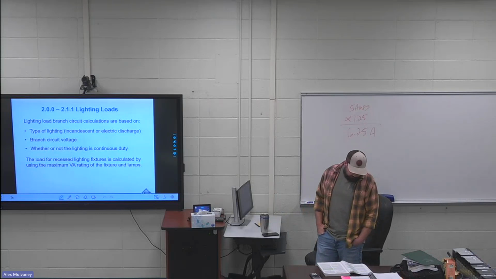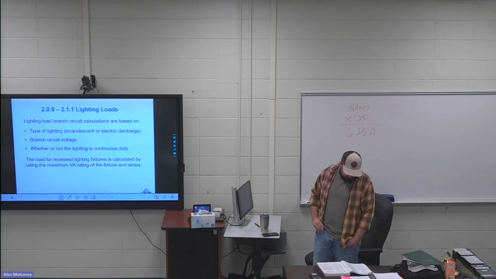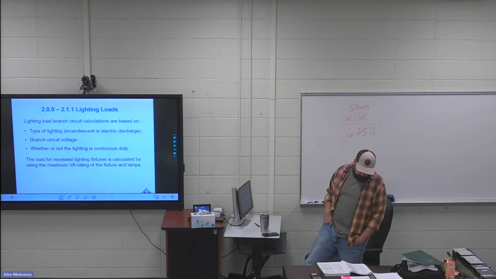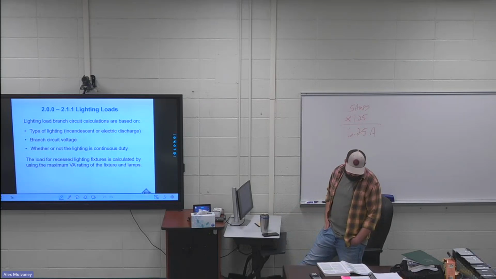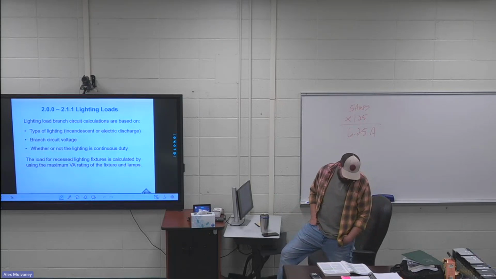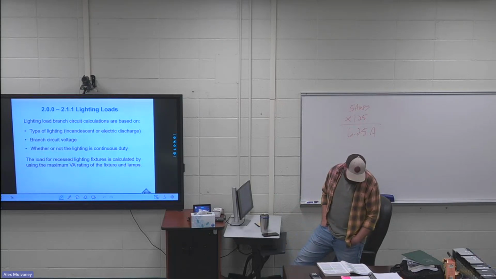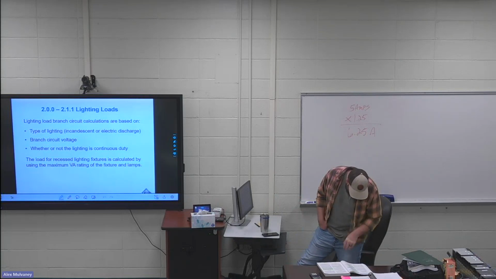Because the lighting will remain on for longer than 3 hours, this is a continuous load. For continuous duty, find 125% of 150 watts for volt amperes by multiplying by 1.25. So all they did is 125% times 150 volt amps is 187.5 volt amps, and then what are they asking for?